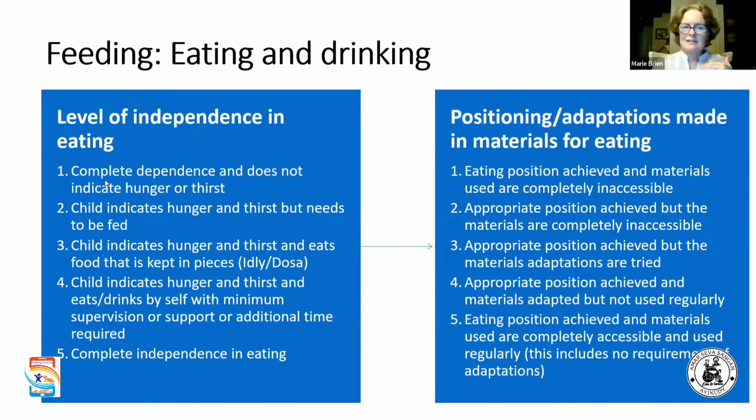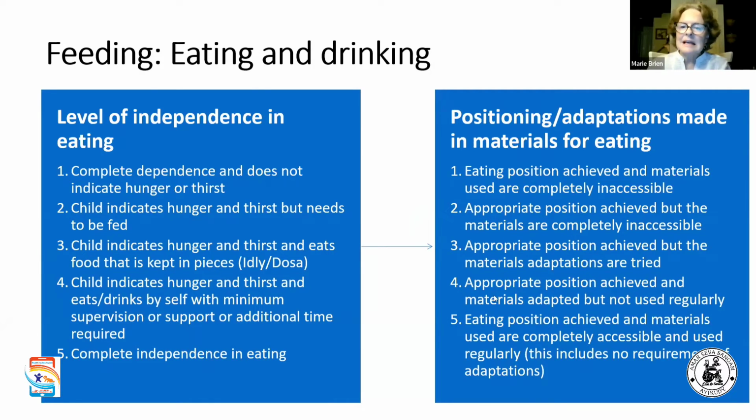Is the child completely dependent for feeding and does not indicate hunger or thirst, or does indicate but needs to be fed, indicates hunger and thirst and eats food in small pieces, and so on, and minimum supervision or support needed, or complete independence. So just to give you a sense of the progression on a 5-point scale.